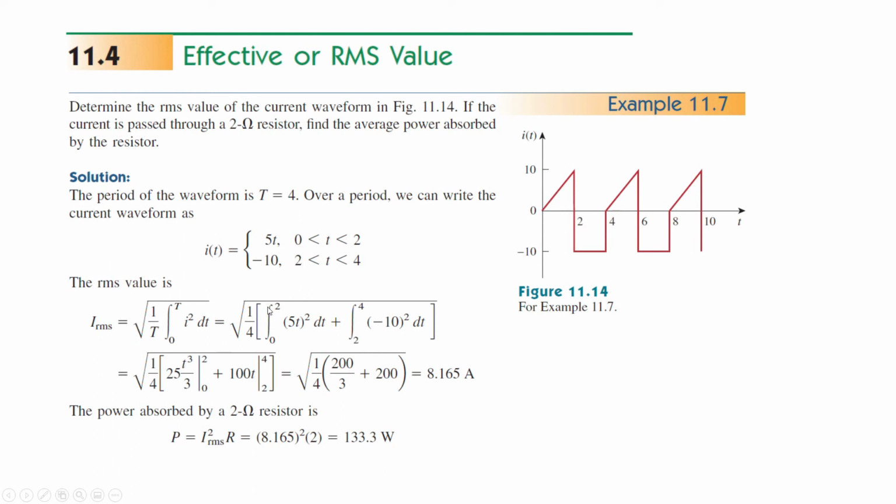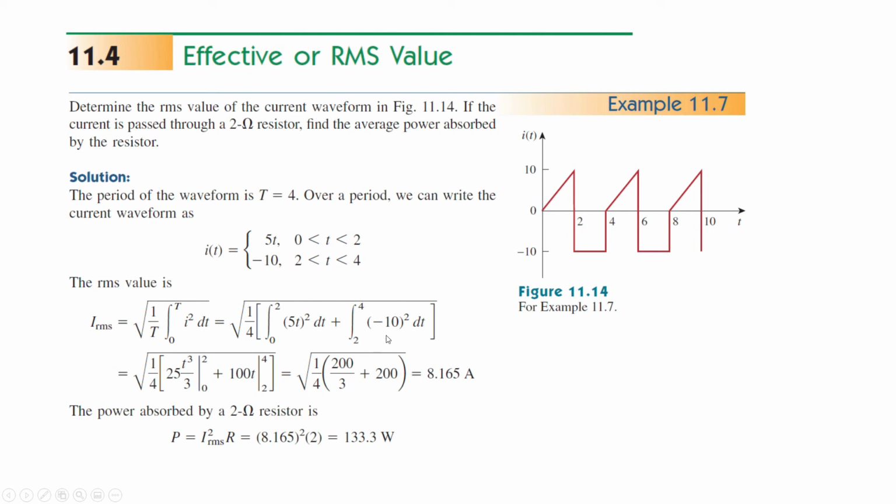So now we put this value in this expression, and we see that we have two parts. First, we integrate this function for time 0 to 2, and in that case we have I of t equals 5t, and in the next part we integrate this function for time between 2 and 4.